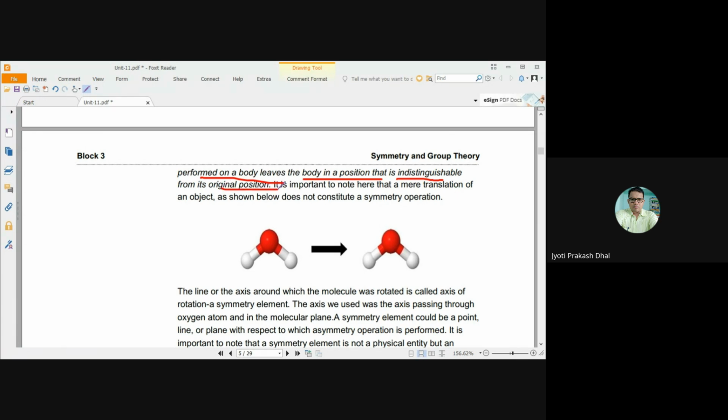That means if we perform any operation on any molecule, and after the operation the molecule is indistinguishable from its original position, then that operation is called a symmetry operation.